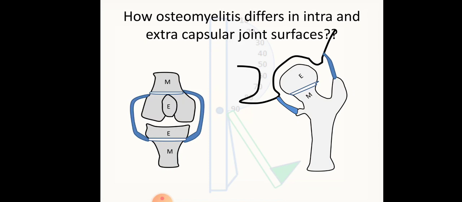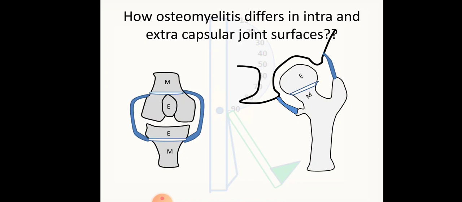What did we learn till now? The accumulation of the bacteria is dominantly in the metaphysis. Looking at the diagram, if bacteria is getting accumulated in the metaphysis in the knee joint, it has two barriers to cross to touch the other joint surface. That is, the first one is your growth plate and the second one is your capsule.